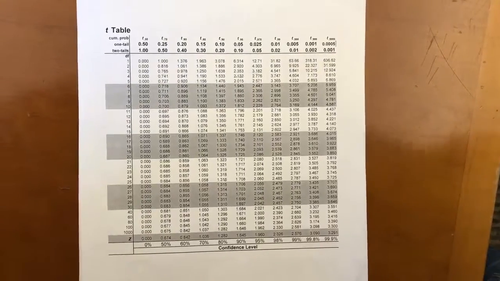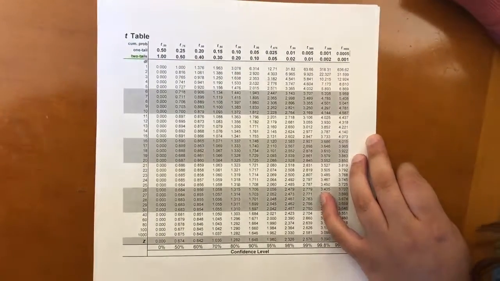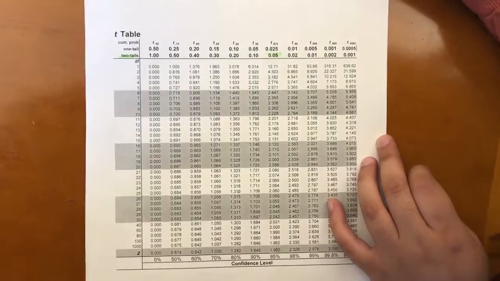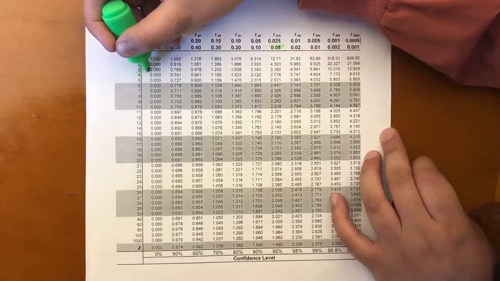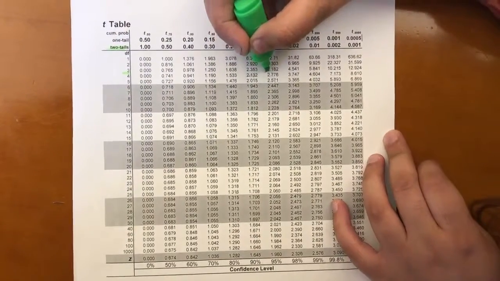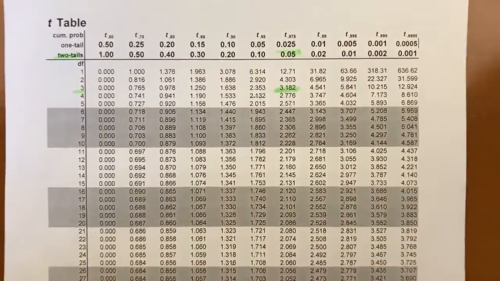So this is a t-table, and we know that this example is asking for a two-tailed, and we know alpha is 0.05, and we calculated the degrees of freedom, which is 3, so we simply follow the chart. So 3, and we look for alpha, which is 0.05, and the answer will be 3.182, and that's the critical value.